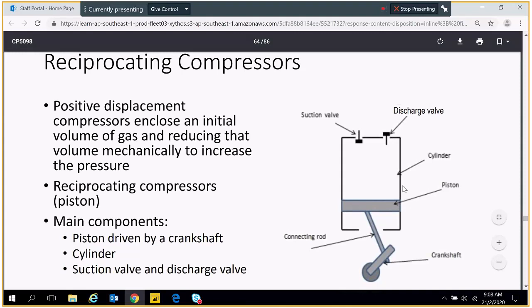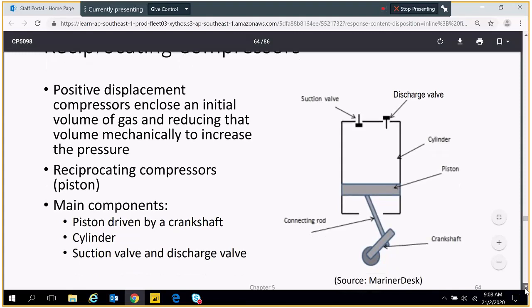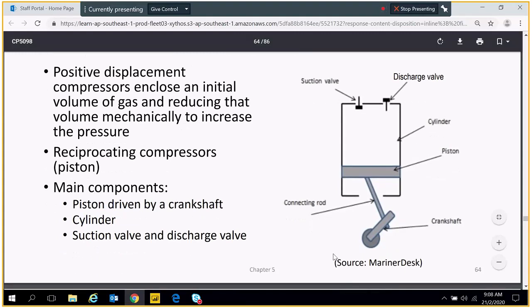This whole box here is a cylinder. Suction is for in, discharge for out. Suction valve, inlet valve, discharge valve, outlet valve. Of course, the crankshaft is connected to a driver. This driver could be an electric motor. It just is not shown here.